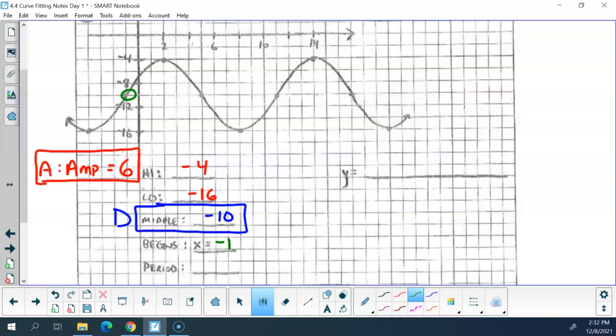Okay. What is my period? So my period then is going to be the horizontal distance to get back to the same thing. So that's my whole period. 12? Forgot to say that this was C. So my period is 12. What does that mean?